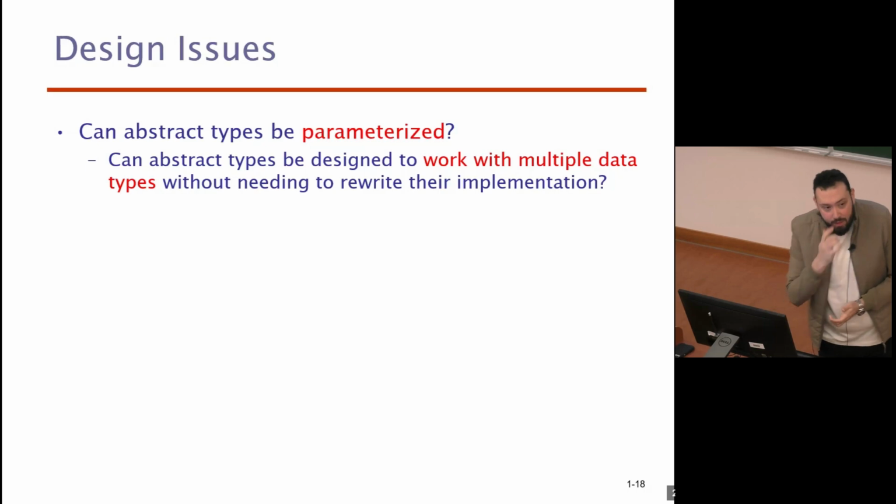For example, would I allow my language, I have a class stack, would I allow this stack or these push pop functions to work with integers and strings, or no? Only integers, only one type.